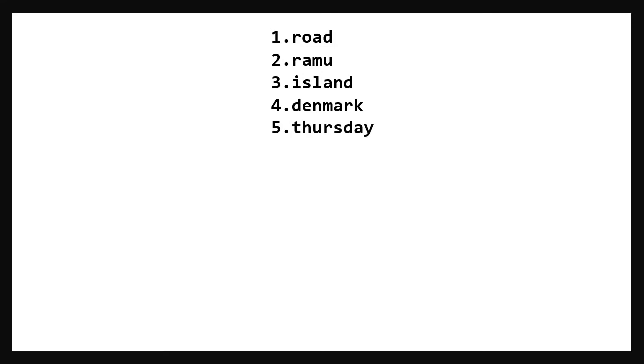First word is road, R-O-A-D. Second is Ramu, R-A-M-U. Third is island, I-S-L-A-N-D. Number fourth is Denmark. Number fifth is Thursday. Number six is Easter. Next is poster. Then comes Preeti.